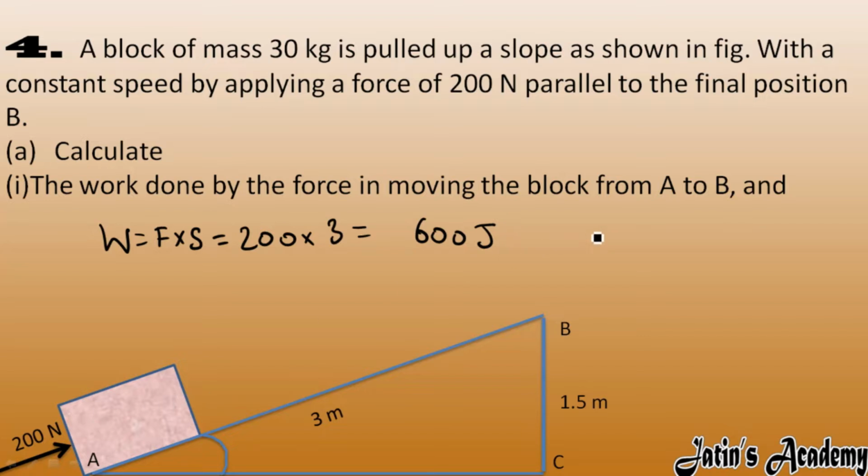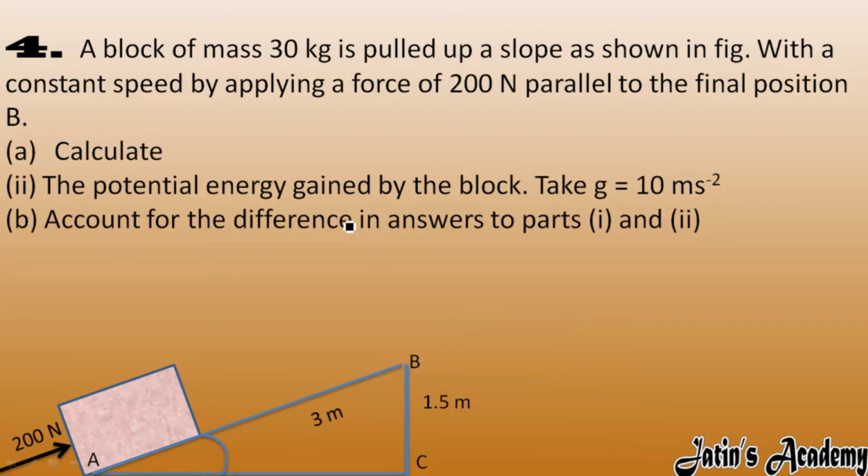Now we have to calculate the potential energy gained by the block. Potential energy is mgh. Okay, this is the formula of potential energy. At point A and point B, to check how much the block is raised, we have to check the vertical height.